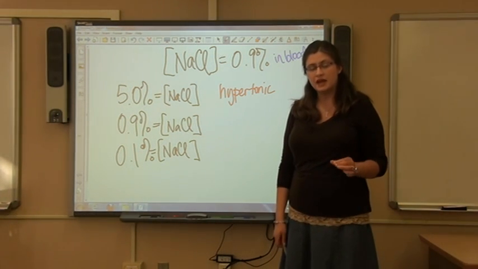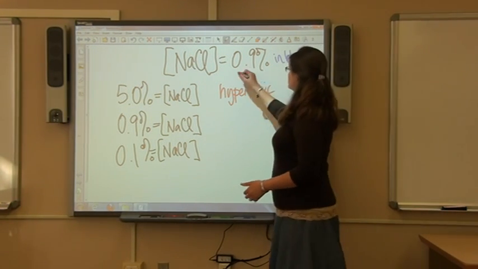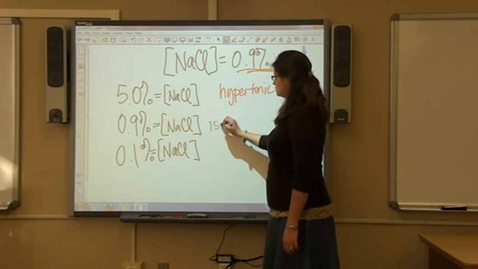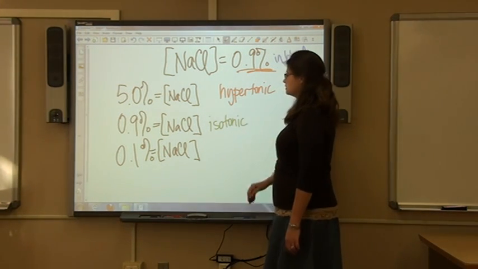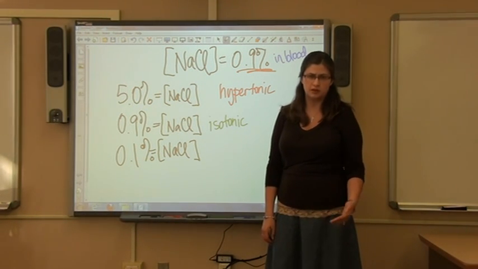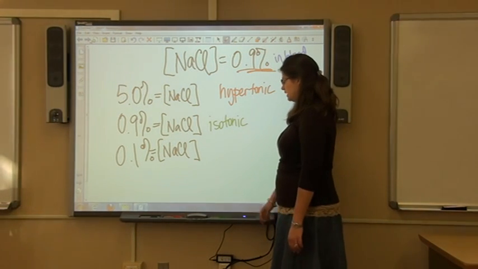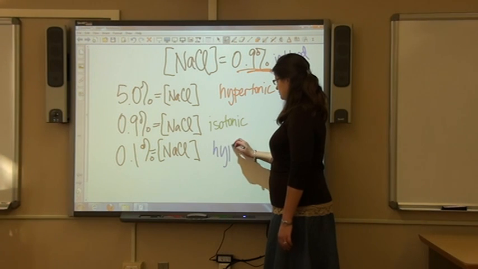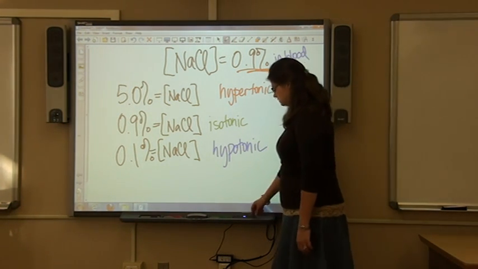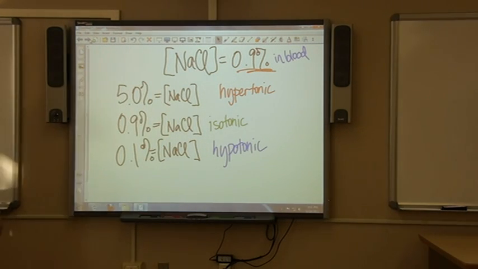Remember, we're always comparing these new solutions to our comparing solution, which is this value here. So in this case, the 0.9 is the isotonic solution. They have to be exactly the same. 0.8 is not exactly the same as 0.9. And then we have a solution of 0.1% sodium chloride. That's hypotonic. It has a smaller concentration of sodium chloride than what is in your blood.